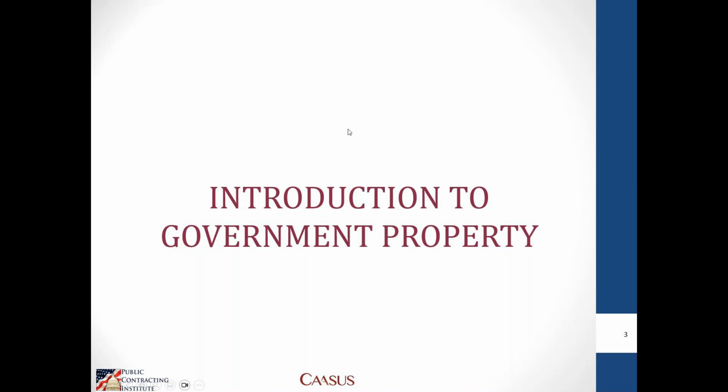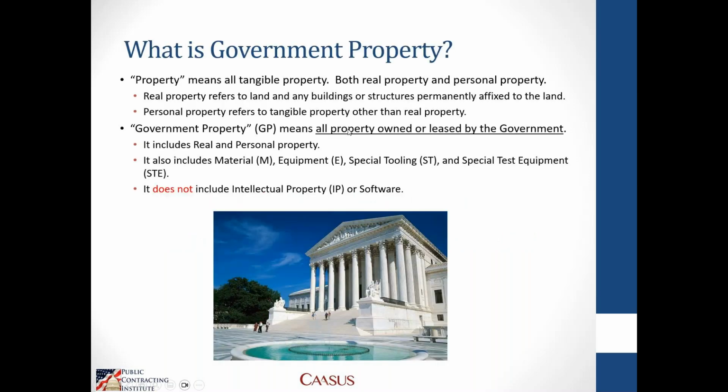Okay, so what is government property? There's two main buckets of government property. Government property is frequently referenced as a general overarching category, a parent, if you will, to both government furnished property and also contractor acquired property. So the general reference to government property means all property that's loaned or leased to the government.